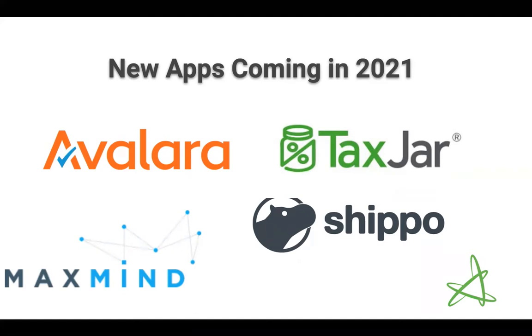You see on here there's Avalara and TaxJar, which are two very similar products, but there are a couple of distinct differences that give us the opportunity to add both of them. There's also Shippo, which is going to help a lot with getting shipping rates and printing labels and streamlining that whole process. And then there's MaxMind, which is an additional tool for fraud prevention. We'll go through in a few moments what each one of these are.